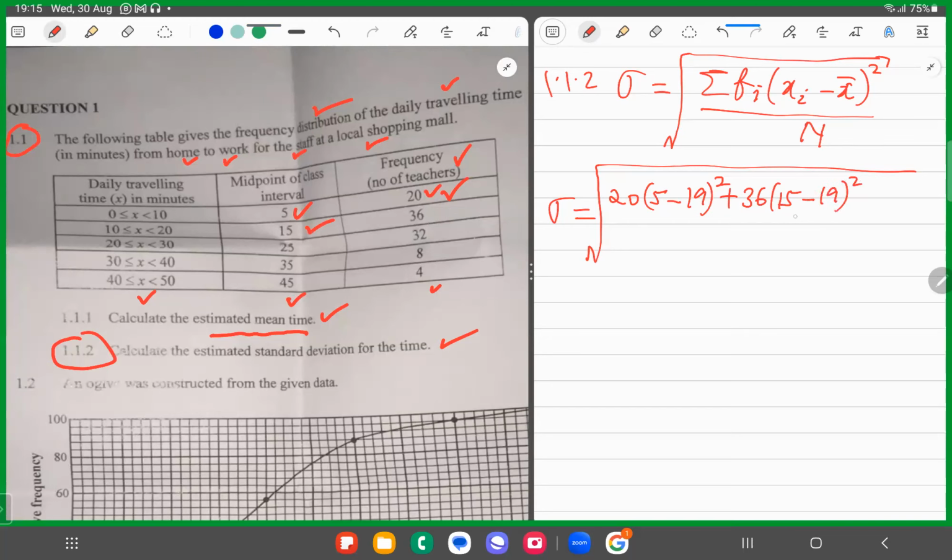And then you square this. And then next you do the frequency. What is the frequency? The frequency is 32. Here you have taken 36. And then I can write at the bottom and write it here. So you have here the frequency is 32. And then you have the class midpoint, 25, 19.